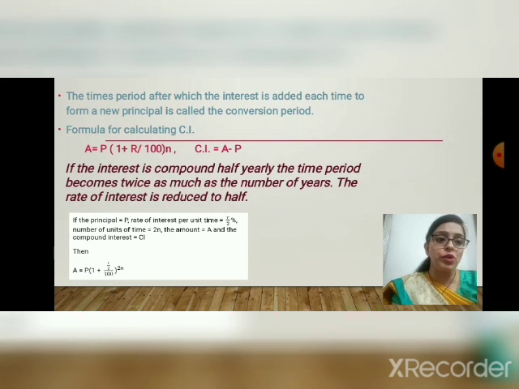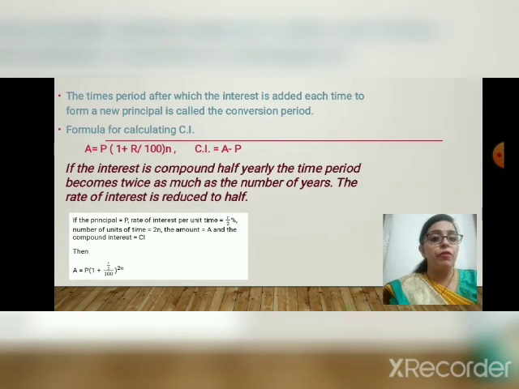Suppose I am taking for 2 years, it will become 4 years. The rate of interest is reduced to half. Suppose they are charging 4%, now they are charging 2% from me. If the principal is P, the rate of interest per unit will become R upon 2.